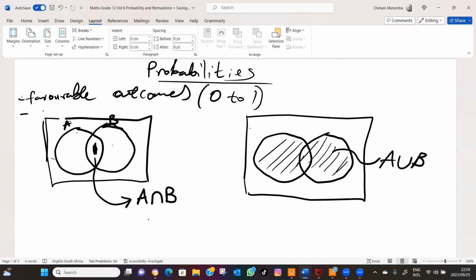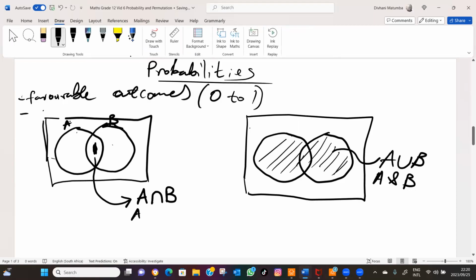Now, with the union, this is A. Sorry for that. This is A or B. And this one is A and B. All right. Now, these two diagrams are called Venn diagrams.